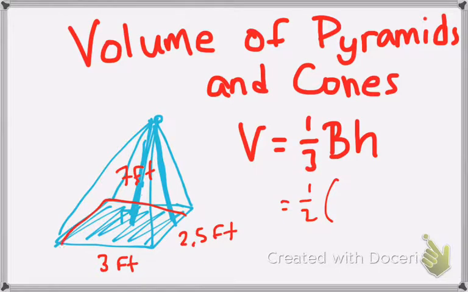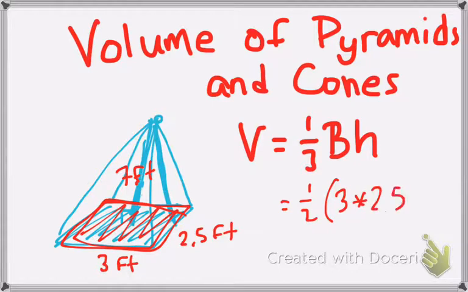To find the area of this base, it's 3 by 2.5, because it's a rectangle, we're going to say. And then the height is 7. And you just type it all in the calculator. Okay, and that gives us 17.5 feet cubed, because volume is in cubic feet.